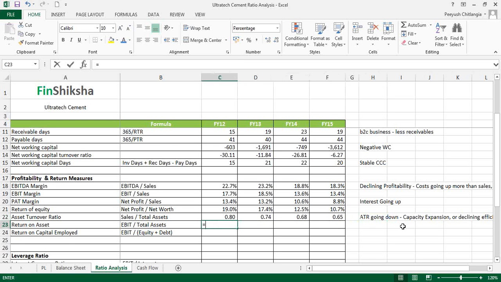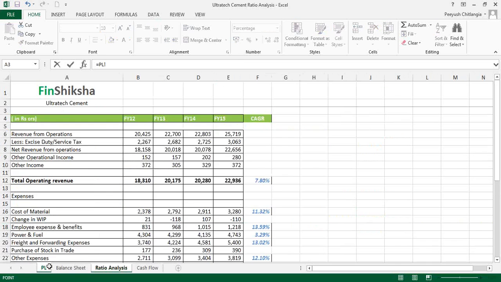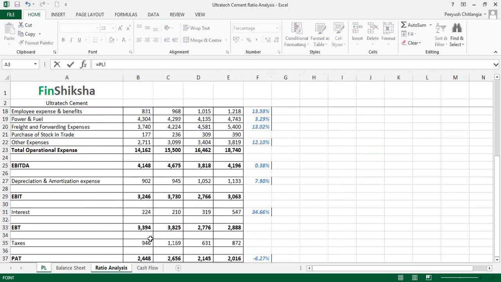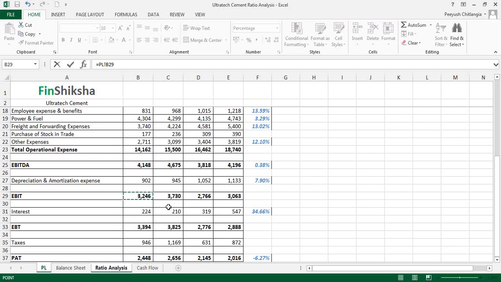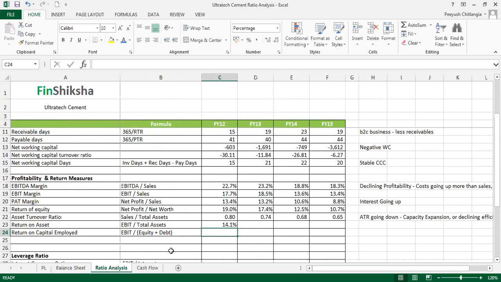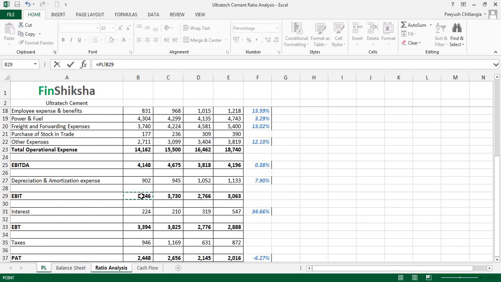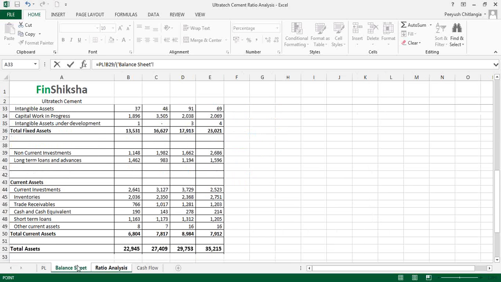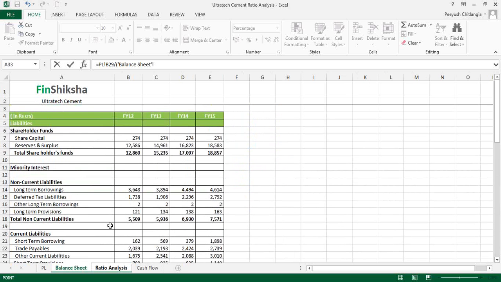Let's look at return on assets. Here we take EBIT and divide this by total assets. And similarly, you look at EBIT divided by, bracket open, shareholder funds, which is this, plus the debt funds that have come in.